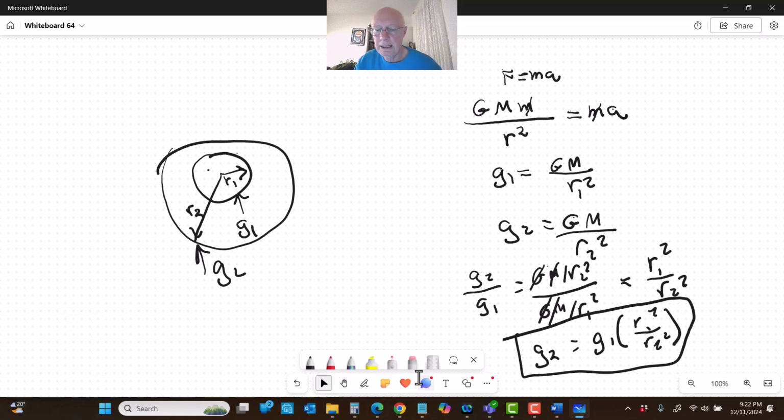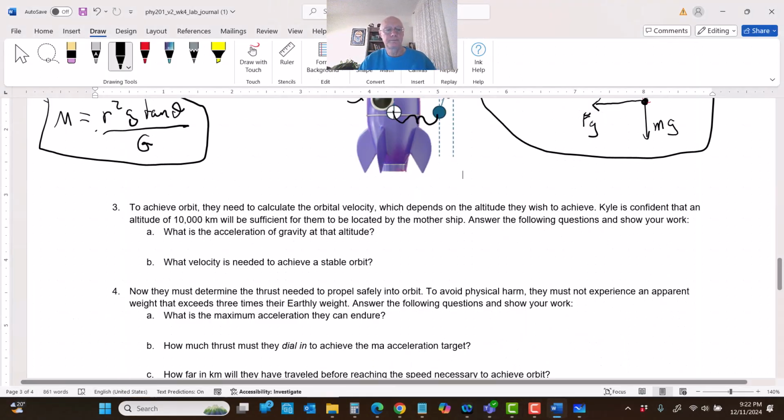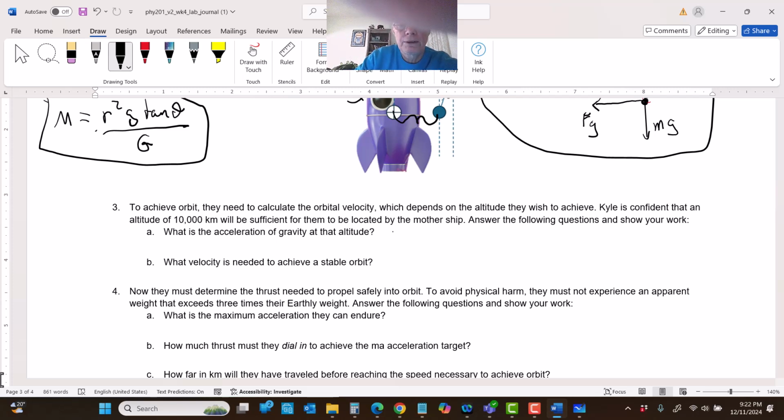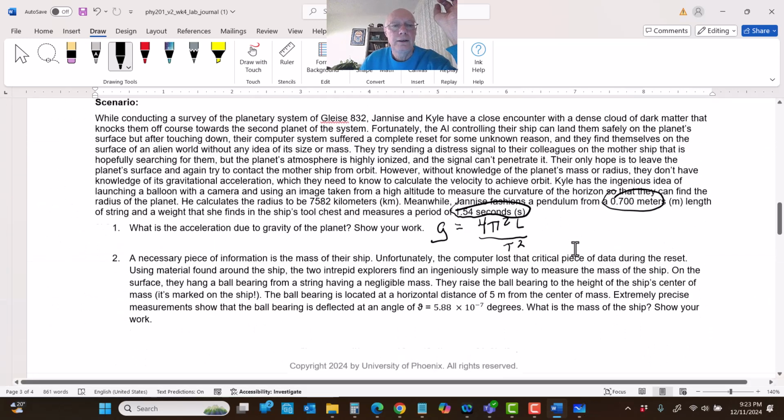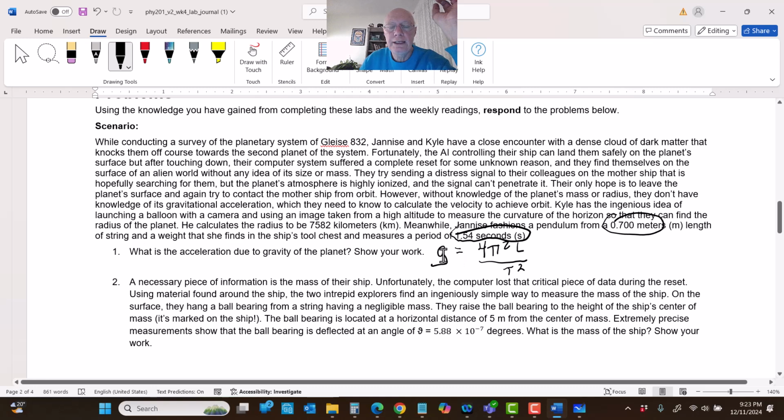Okay, let's go back here. That's the formula we want. Okay, so all you do is, if you calculated the correct value of g here, and you know what the radius of the planet is, right?